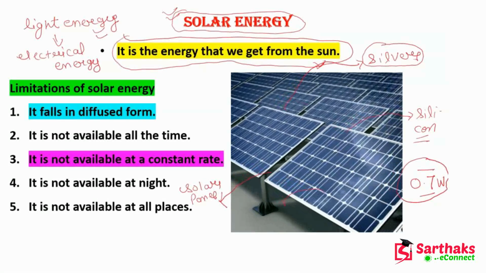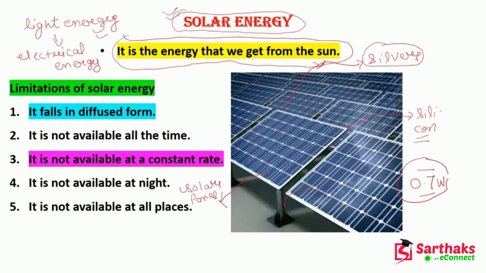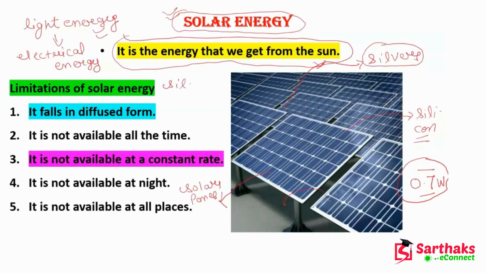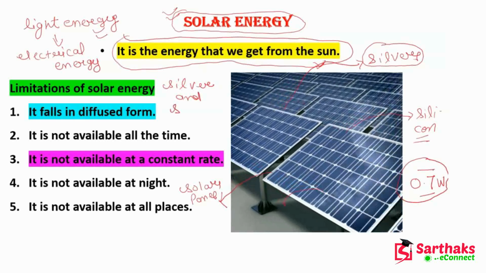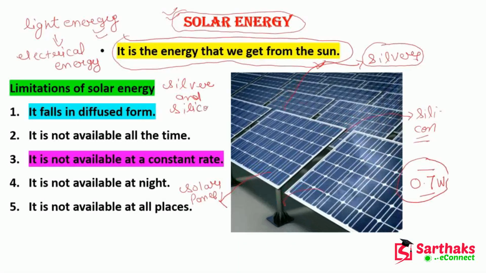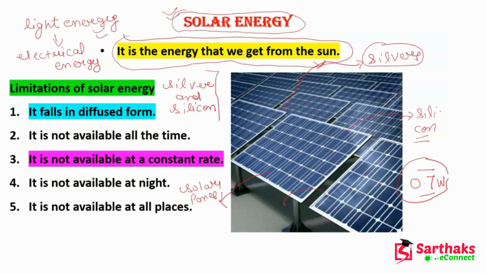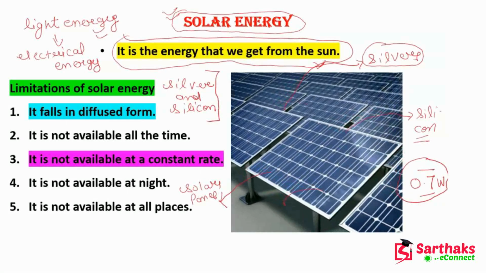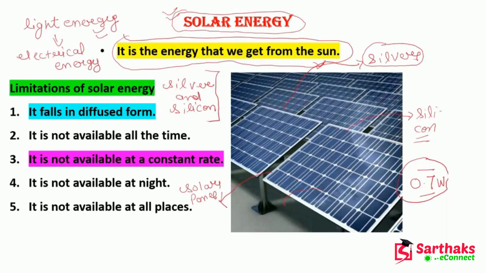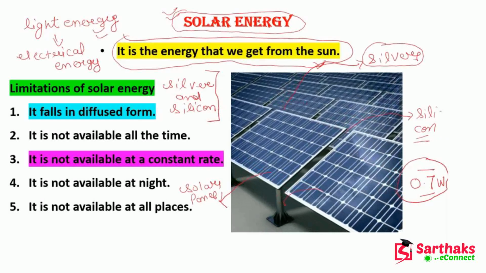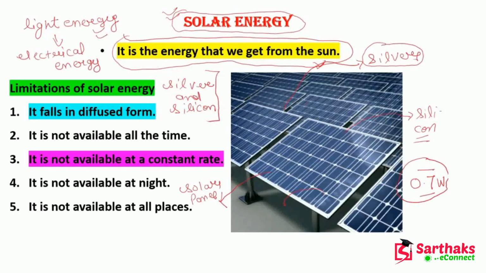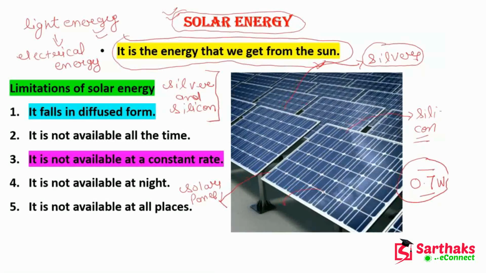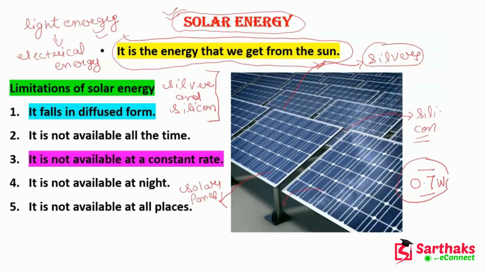Because we are using silver and silicon, not germanium, silicon. So these are very expensive. Because these expensive things are used in the solar panel, that's why it is very expensive. I hope guys this point is clear to you.